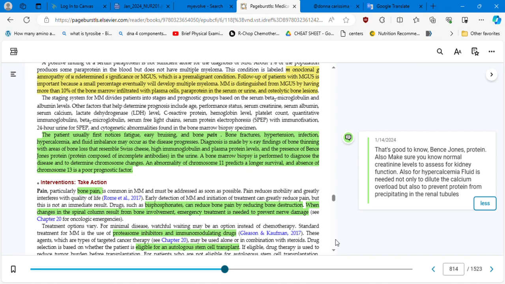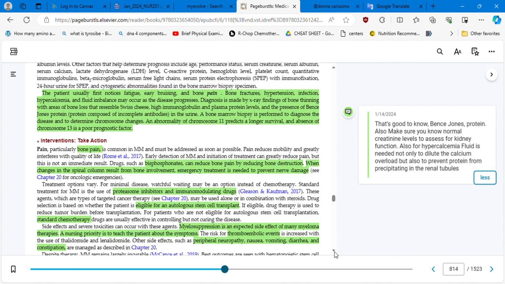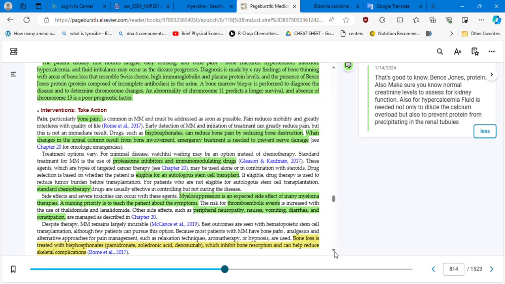So what interventions is the nurse going to do with this? For bone pain, probably you have to talk to the patient about bisphosphonates that can reduce bone pain by reducing bone destruction. When changes in the spinal column result from bone involvement, emergency treatment is needed to prevent nerve damage.